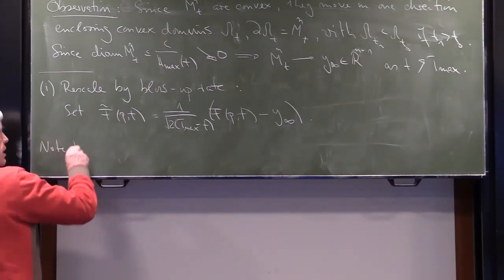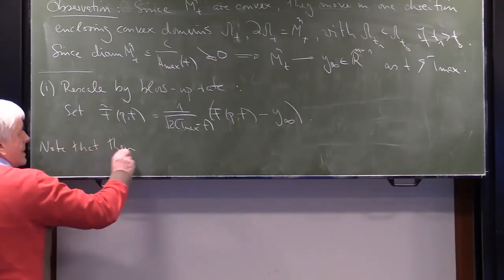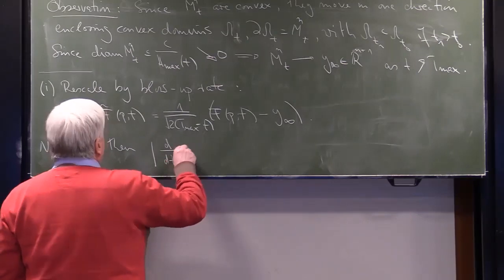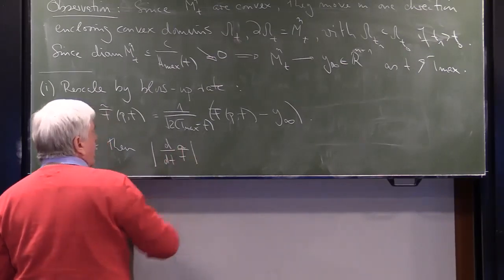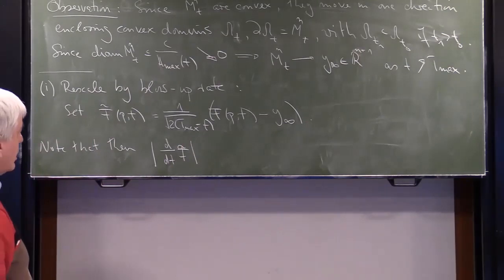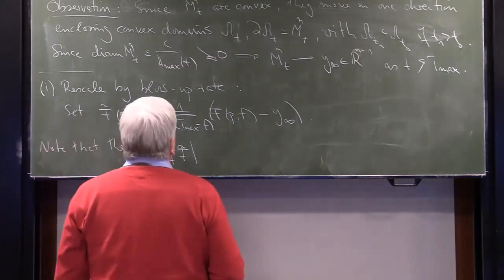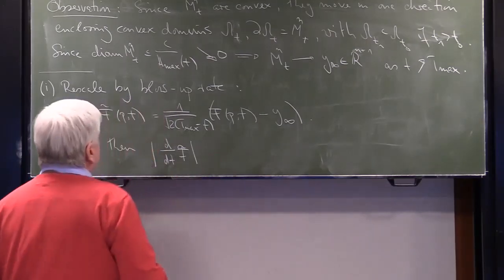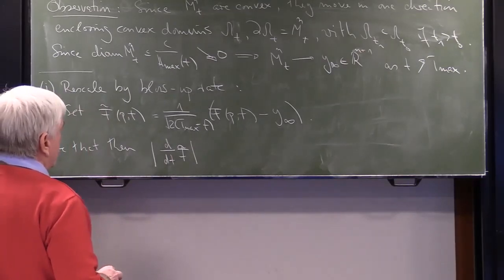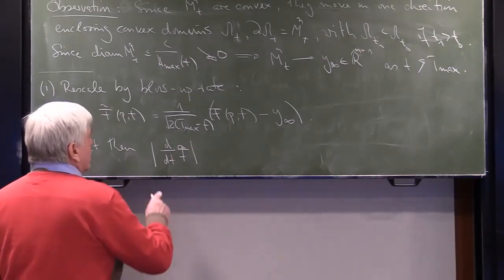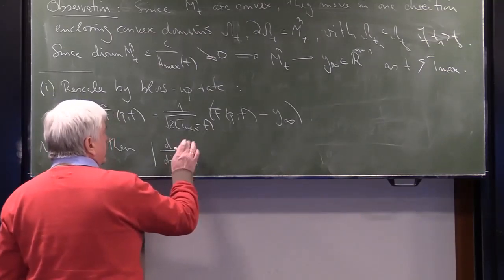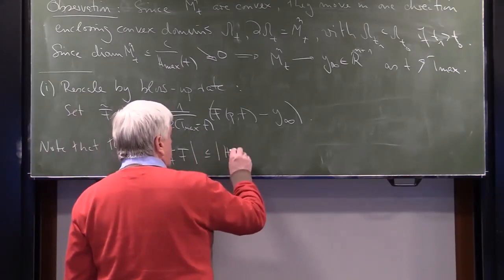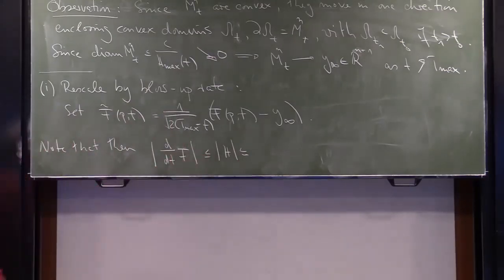Note that then d/dt, the speed of f tilde, is... no, the speed of f is less than the mean curvature, because d/dt of f is the mean curvature vector.